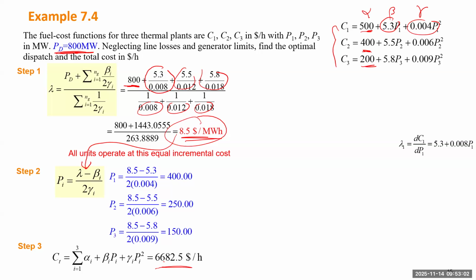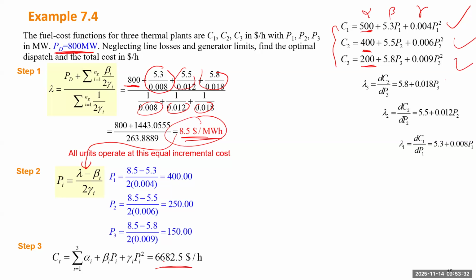Lambda 1 will be the first order derivative of the first cost function with respect to the output of the first unit. It's a linear function. Then lambda 2 is from the second cost function. It's also a linear function. Then lambda 3.